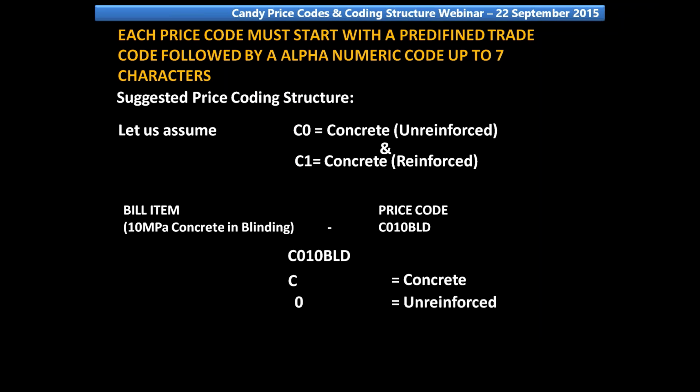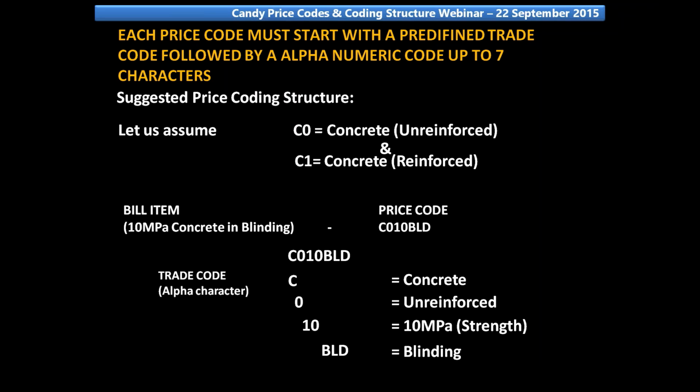The next character, as I've mentioned, is 0, unreinforced concrete. 10 represents the strength. And the last character is BLD, blinding. So the first character is the alpha character, which is the trade code, and up to 7 characters alphanumeric.